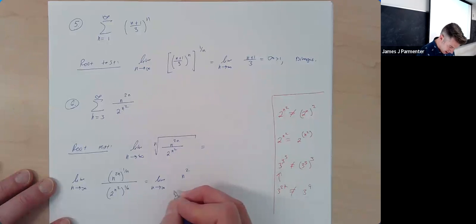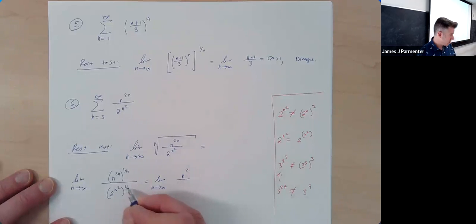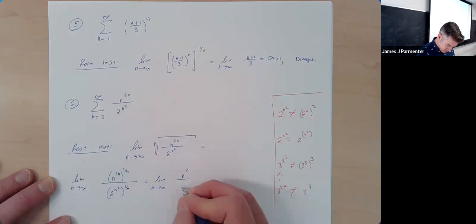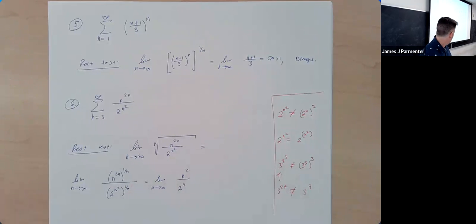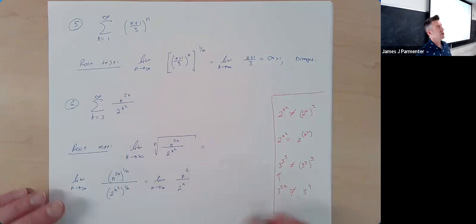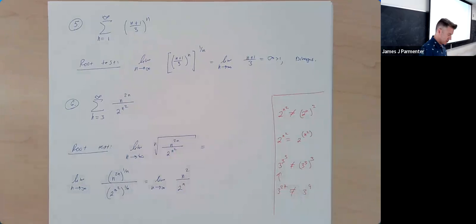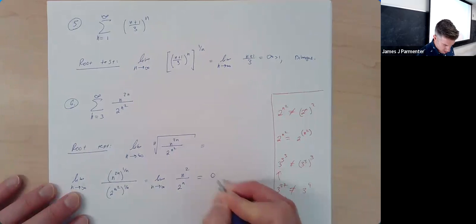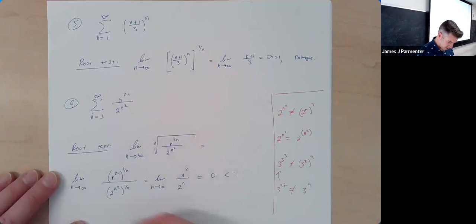And on the bottom, n squared times 1 over n is just n. And we've seen in the past that exponentials are always going to overpower polynomials. You could also use L'Hopital's rule twice, but we know this limit's going to be 0, it's less than 1. So this series converges.